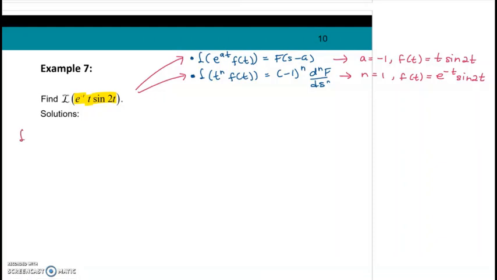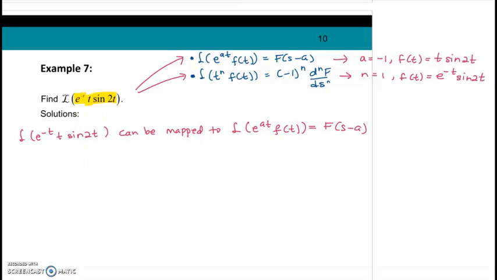So the Laplace of exponent negative t sine 2t can be mapped to the Laplace of exponent at f(t), where the answer is supposed to be F(s minus a).